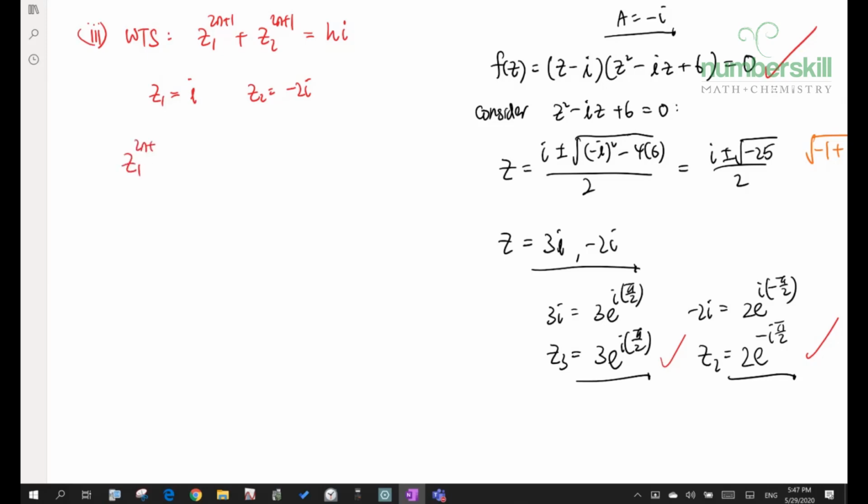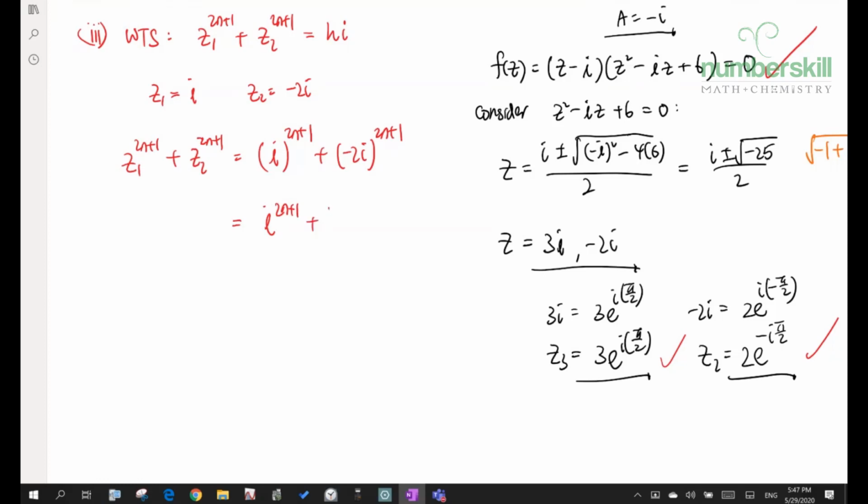Z1 to the power of this plus Z2 to the power of this is equal to I to the power of this plus minus 2I to the power of this. Do you agree? Not hard. Now then, what? Then you think, okay, wait. Do you see common factor? Yeah, that should be.